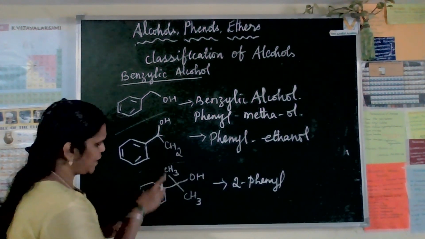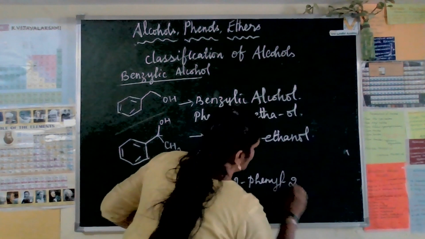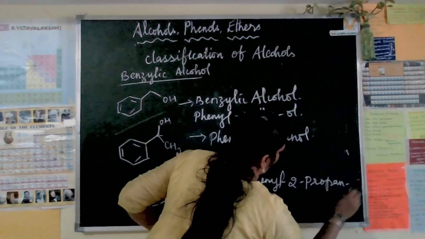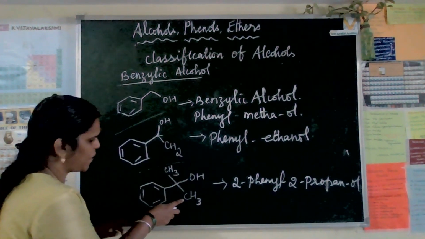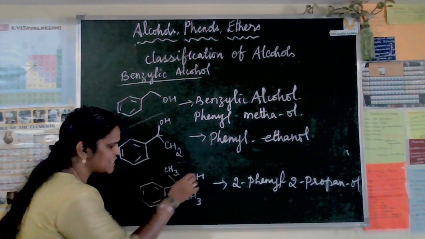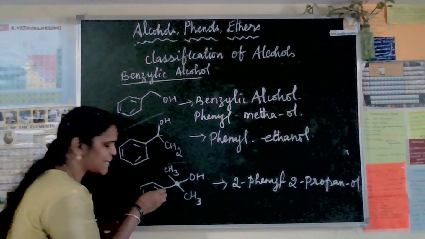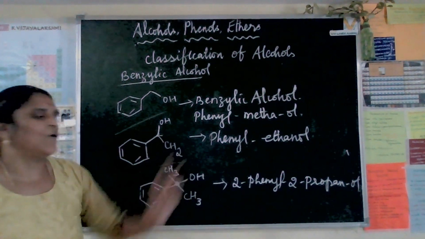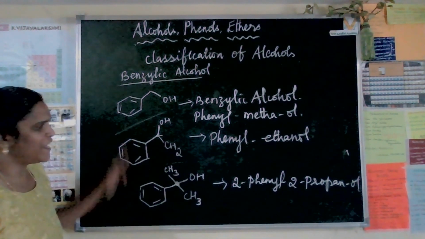See here, propane 1, 2, 3, this carbon is attached with the OH as well as with the carbon attached to phenyl. So 2-phenylpropan-2-ol. Okay, hope you're clear with it.